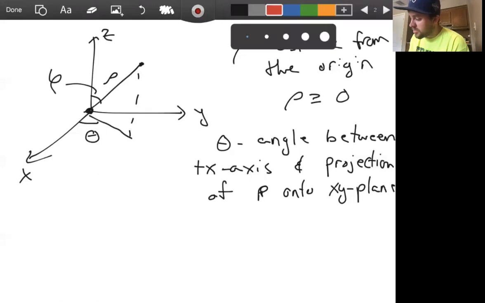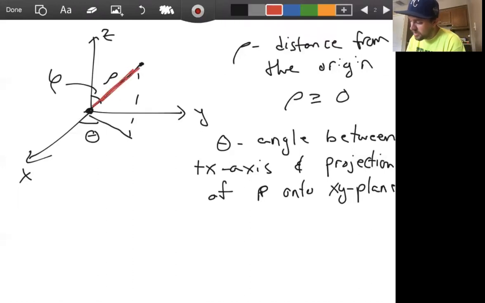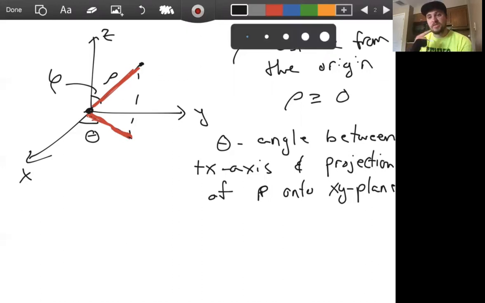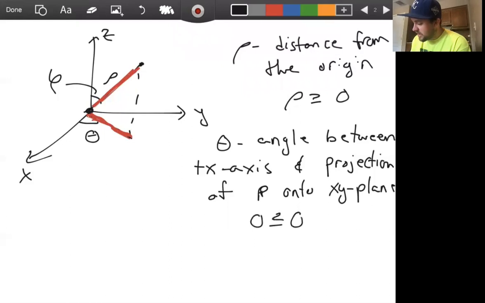And so you can see here what I'm talking about is like if this line here is some radius rho, well, if we look at its vertical projection into the xy plane, we get just this line here, right? And the angle theta is still the angle theta that we were thinking about in cylindrical coordinates even. It's just the angle between the positive x-axis and this projection. And so because of that, theta sweeps around the entire xy plane, and theta is between 0 and 2 pi.